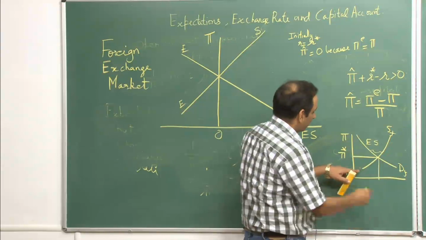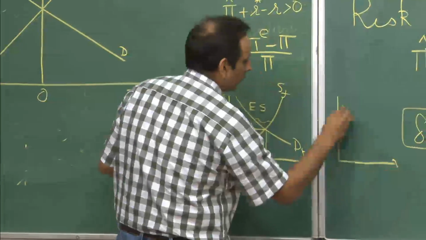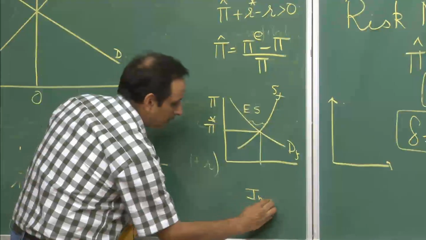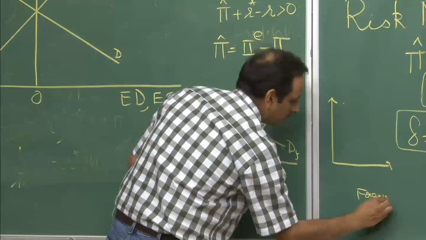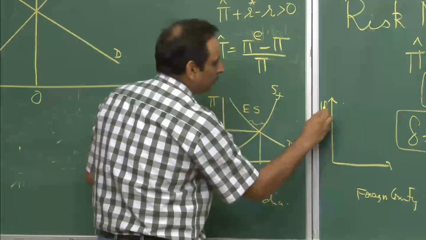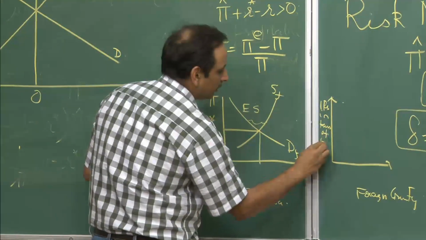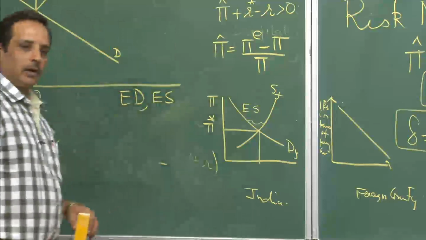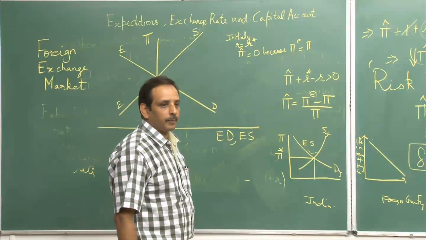Please recall that this supply of foreign exchange is coming from, while this is India, this is the foreign country. So, you have 1 rupee in terms of foreign currency, and you have a downward sloping demand curve there in the foreign country.